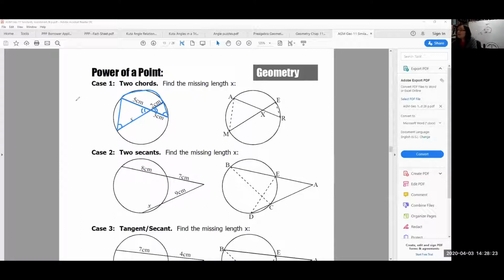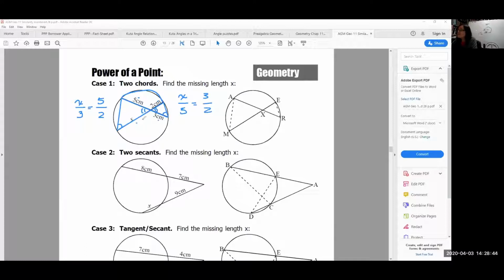We could say that x is to 3 as 5 is to 2. This is to this as this is to this. We equally as good could have done x is to 5 as 3 is to 2.